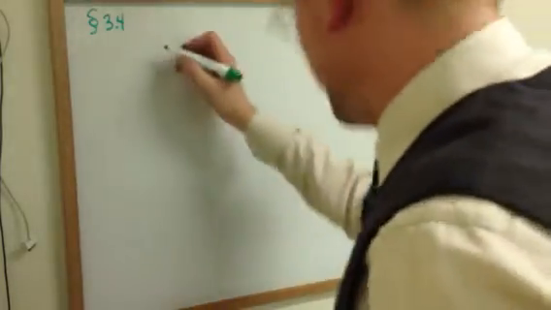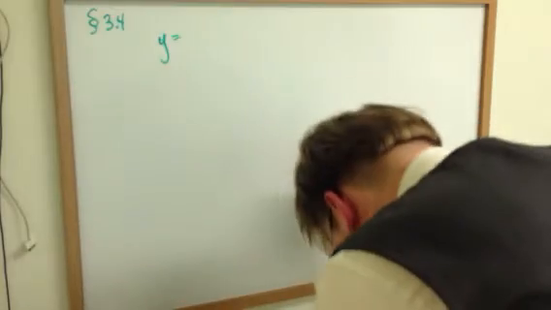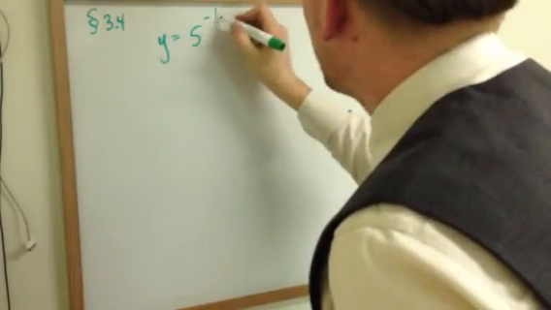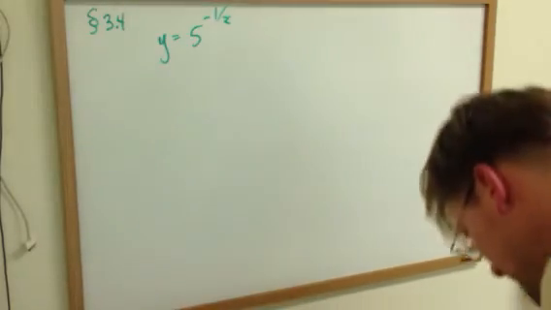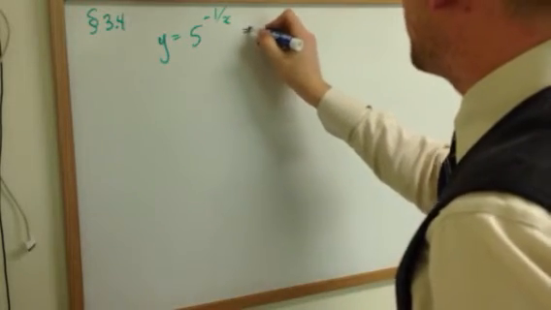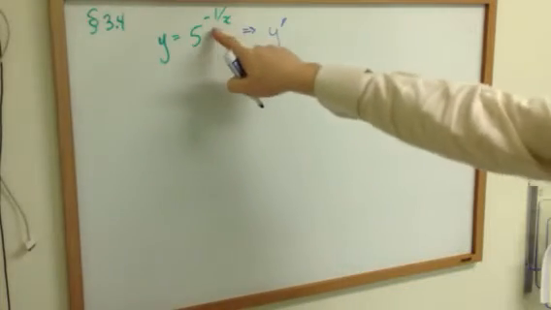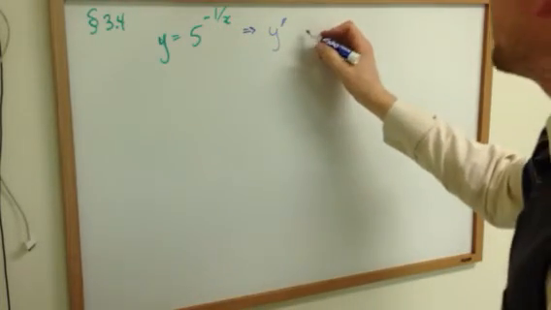Okay, 25. Let's try 25. y equals 5 to the negative 1 over x. If I look at this, I see this as an exponential. The base is 5. The variables are in the power, so it's an exponential.